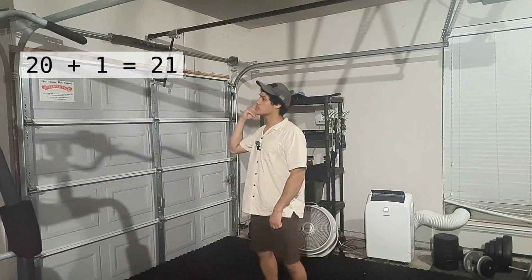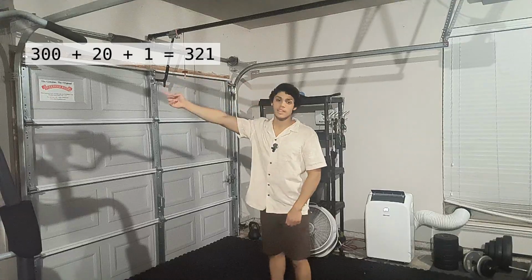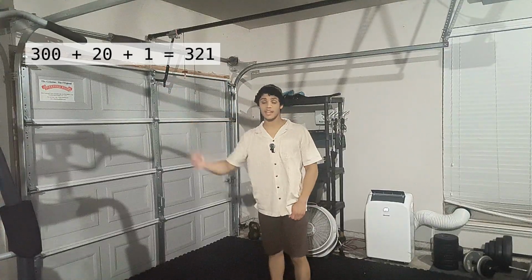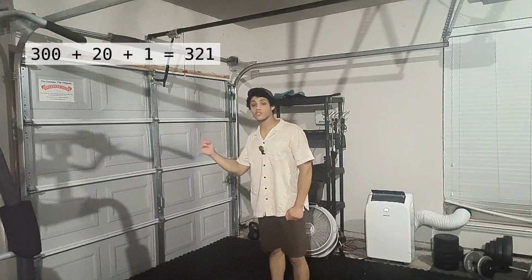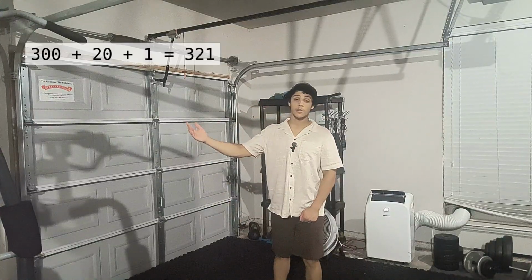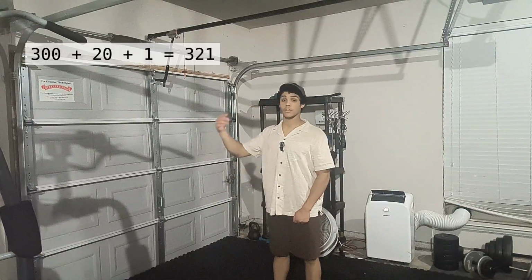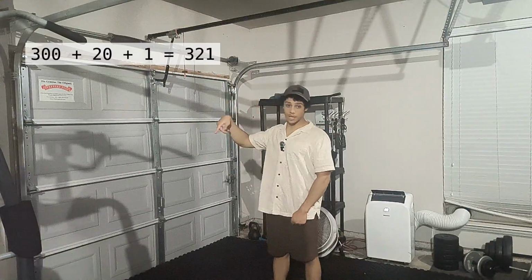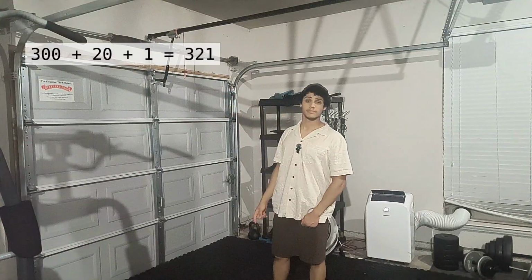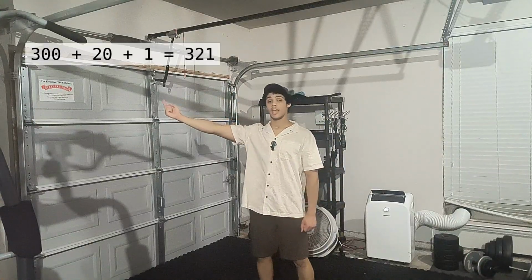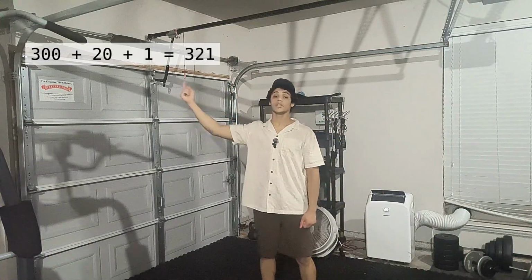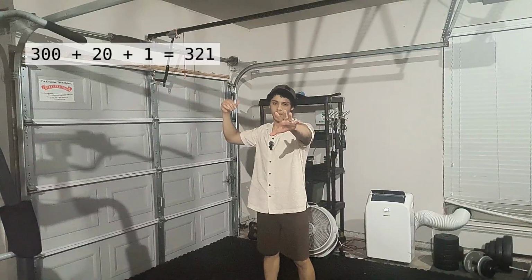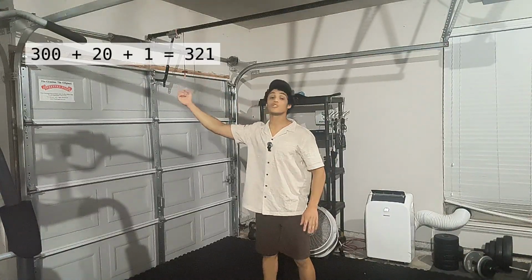Well, we just add 300. So we put a 3 at the end. And that 3 at the end is actually worth 300. So the number 321 is equal to 300 plus 20 plus 1. And that 3 is in the hundreds place.